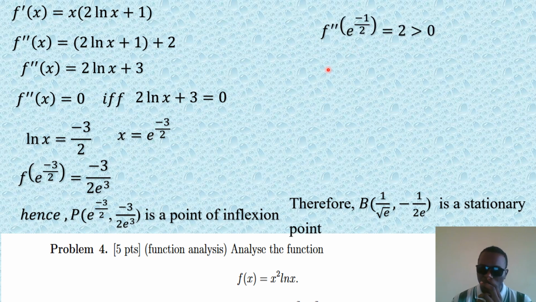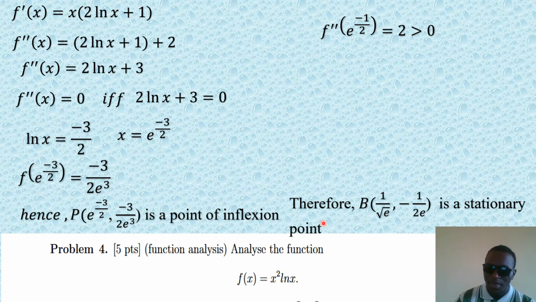So we are going to use the second derivative test to know if this is our stationary point, because after determining the stationary points and point of inflection, you have to know whether the stationary point that you got was a maximum point or a local minimum, or a saddle point.